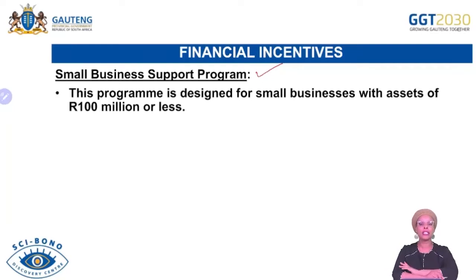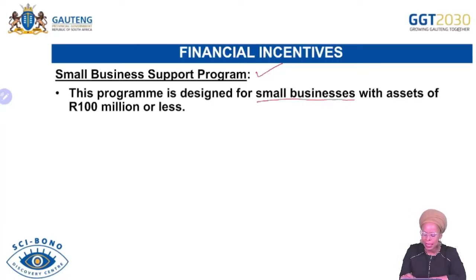If for 8 marks you are required to explain or briefly explain Small Business Support Program as a financial incentive to improve industrial development, you need to mention how this particular grant works. So this program is designed for small businesses.